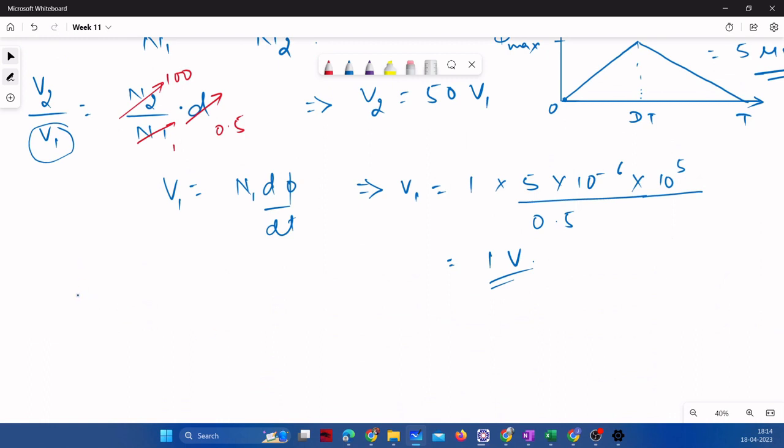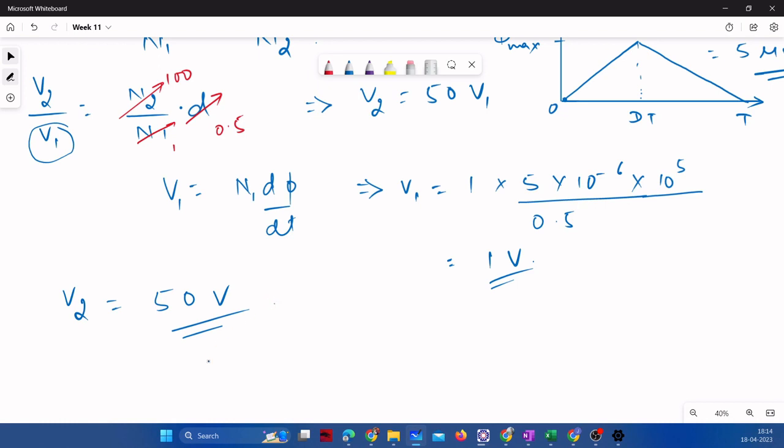Then we already have found out the relationship between V2 and V1. So I can write V2 equals 50 V1, and V1 is 1 volt. So V2 will be 50 volt.